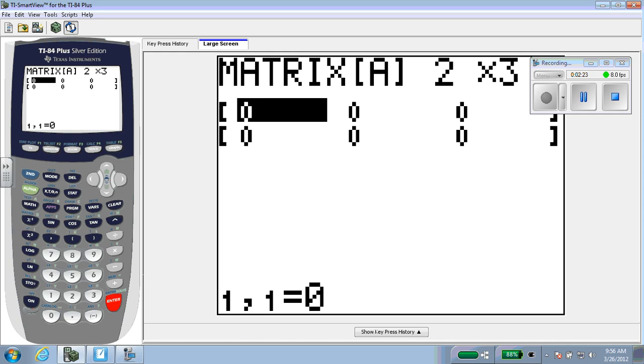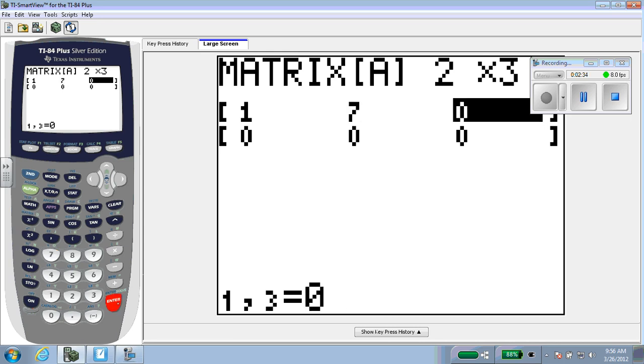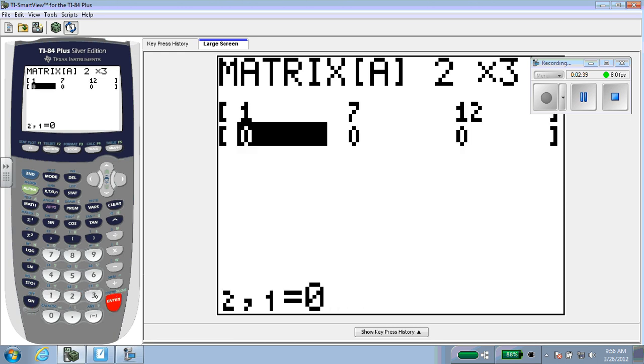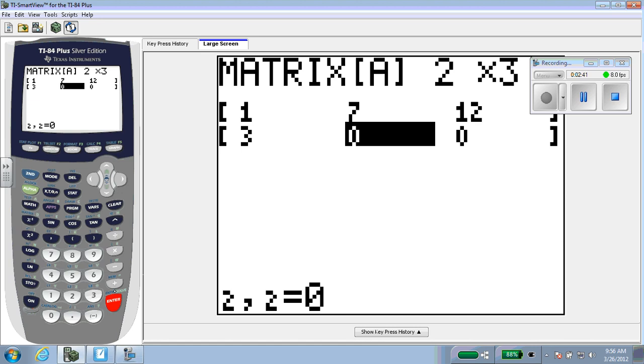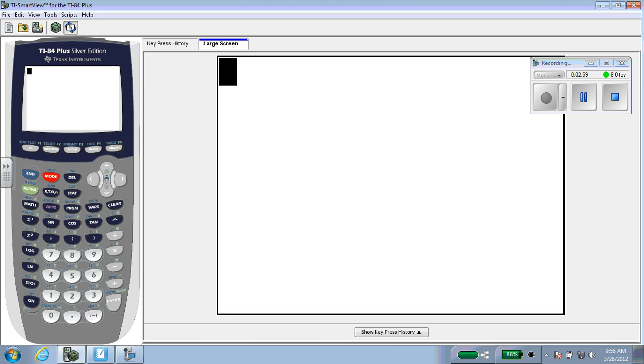Now I'm going to enter those coefficients. 1, 7, 12, 3, negative 5, and 10. And in order to get out of the matrix, I do have to second quit. Otherwise, I'm sort of trapped.